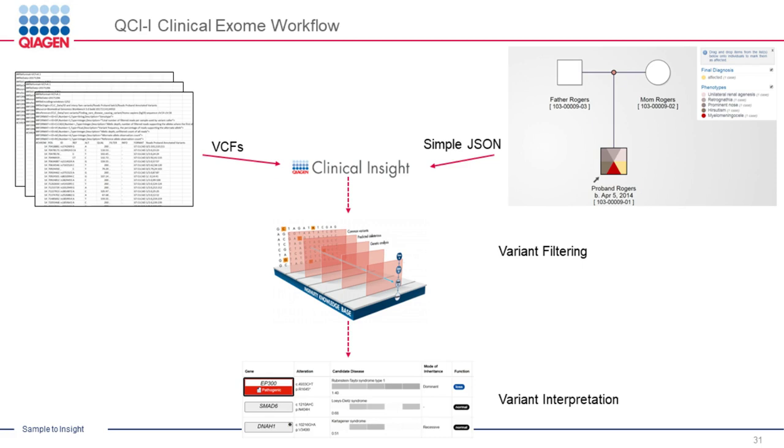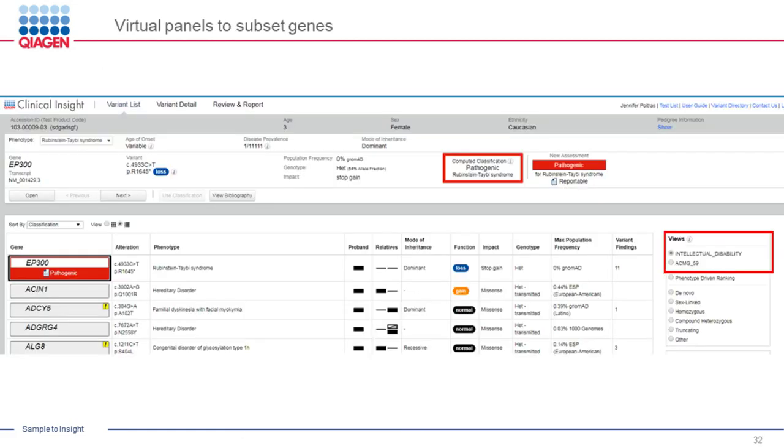So we'll be using a phenotype-driven ranking algorithm to rank these variants, where you can see we've added those 5 phenotypes that were in the JSON file in the proband, and those 5 phenotypes appear as little rectangles going across. So all 5 phenotypes are overlapping with Rubinstein-Taybi syndrome type 1 based on curated information in the knowledge base. And additionally, EP300 is known to associate with Rubinstein-Taybi syndrome type 1. So you can see how this variant in EP300 is ranked at the top based on our phenotype-driven ranking.